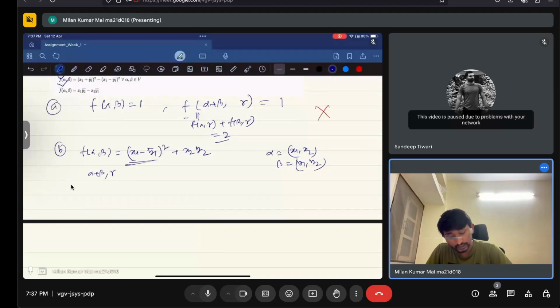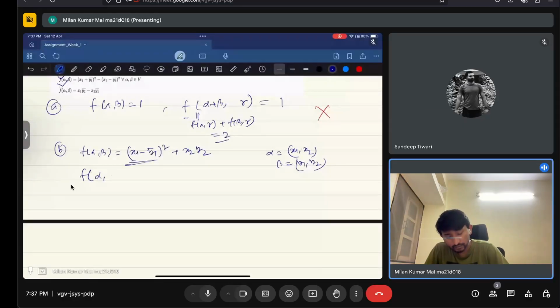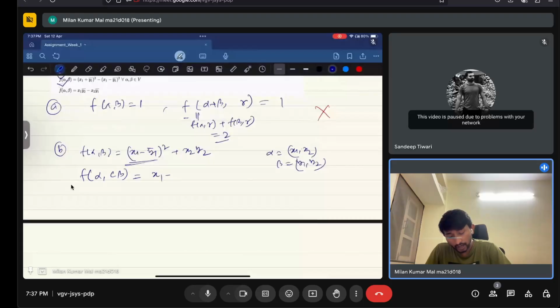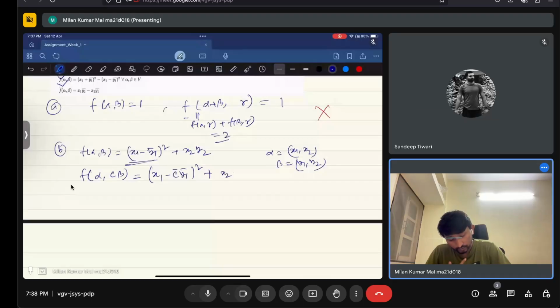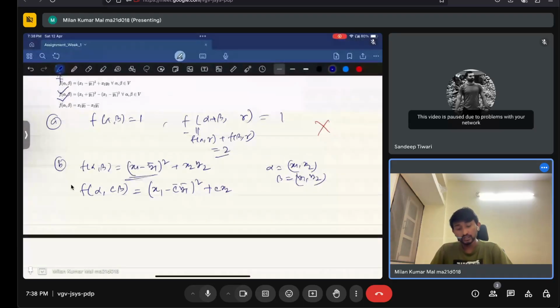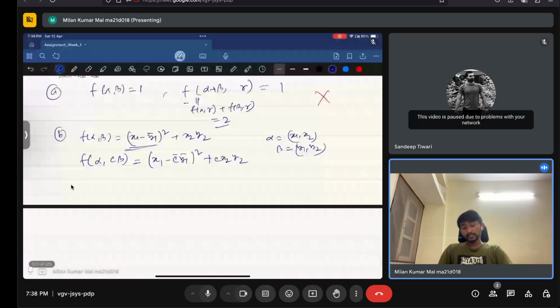There is no problem. So let's write f of alpha comma c beta, where C is a complex number. Then what will it be? It will be x1 minus c y1 bar, c bar, that whole square, plus x2 into c y2, right? Because that is the c thing.